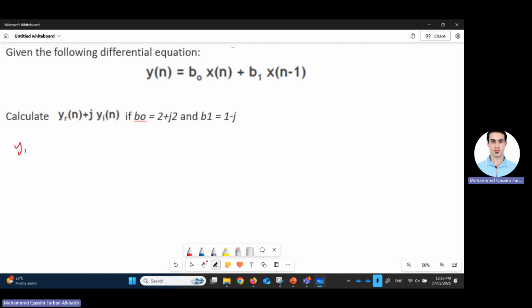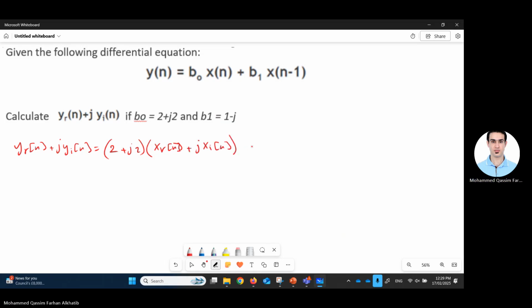So I have y real of n plus j y imaginary of n equals 2 plus j2 times x real of n plus j x imaginary of n, plus B1, 1 minus j, times x real of n minus 1 plus j x imaginary of n minus 1.